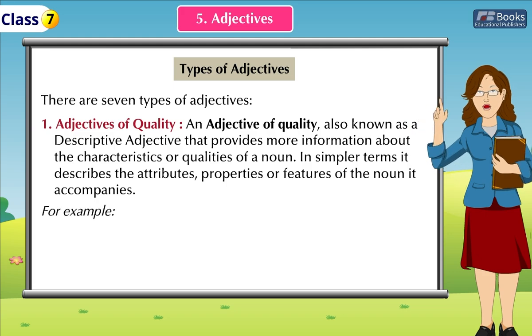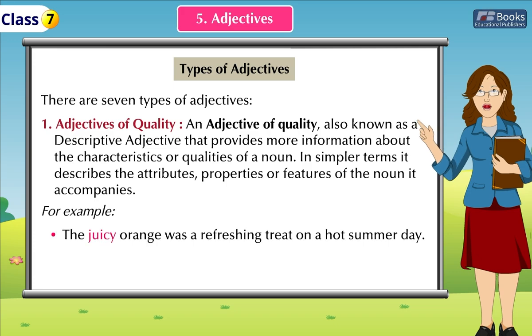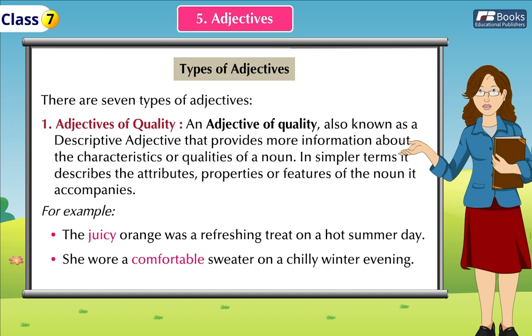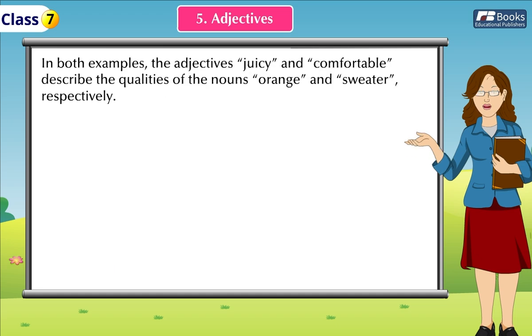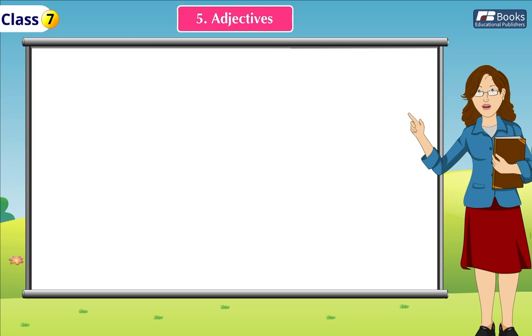For example, the juicy orange was a refreshing treat on a hot summer day. She wore a comfortable sweater on a chilly winter evening. In both examples, the adjectives juicy and comfortable describe the quality of nouns orange and sweater respectively.